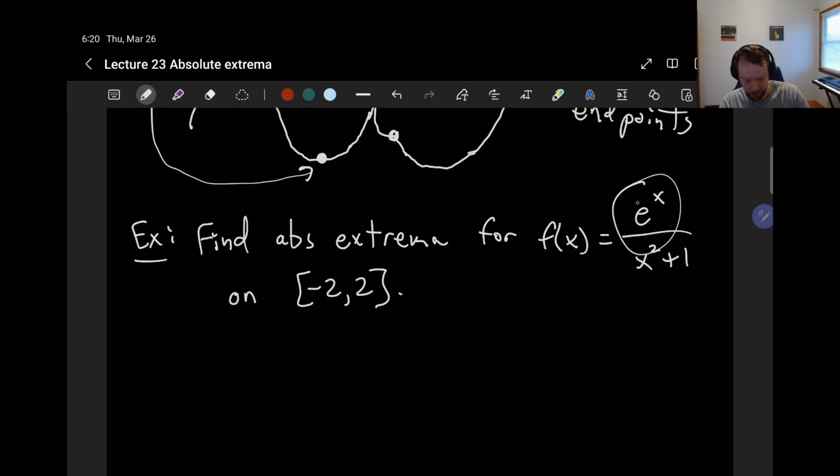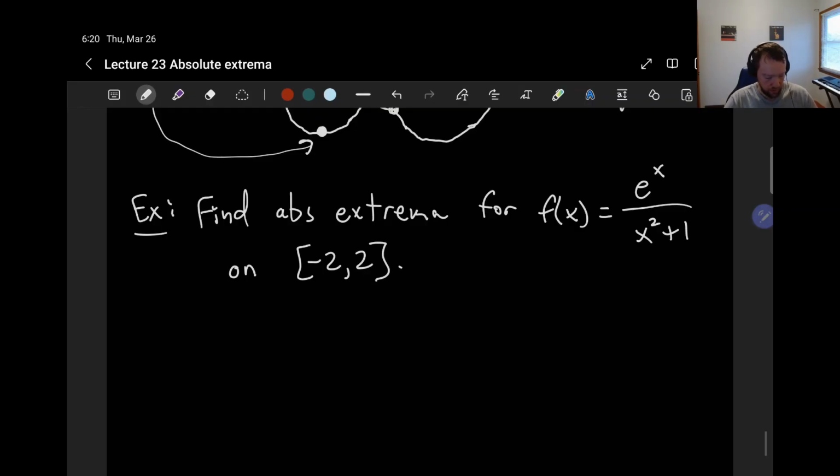And e to the x is also perfectly fine. It's always continuous. So this is something you want to check. You want to guarantee the existence of these things first. So note f is continuous.